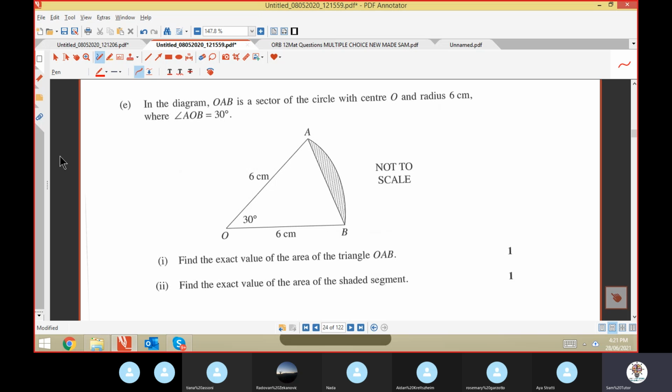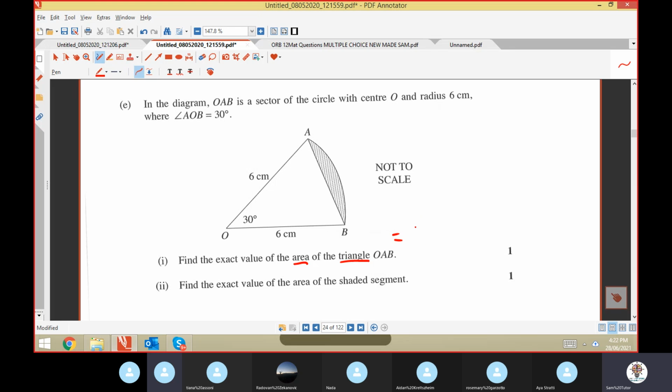Okay, can somebody give me the formula to find the area of a triangle? Anyone?